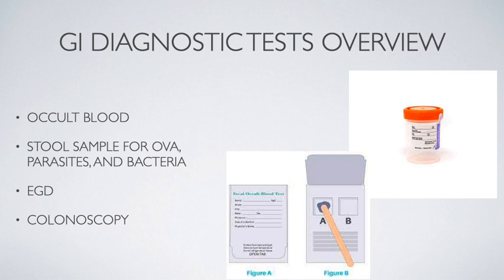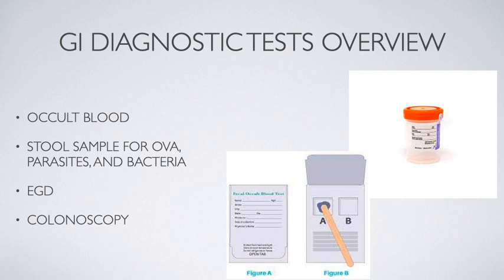diagnostic tests overview. We have a couple different tests that we do. We're going to do occult blood sample. We also have our typical stool sample. That's going to be just submitted to the laboratory in the urine specimen cups, and that is pictured there with the orange top.